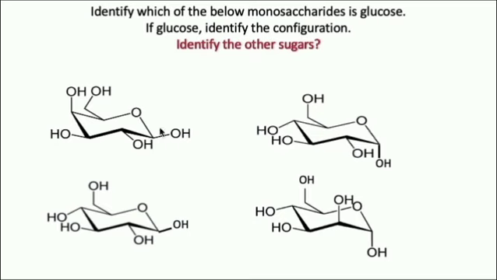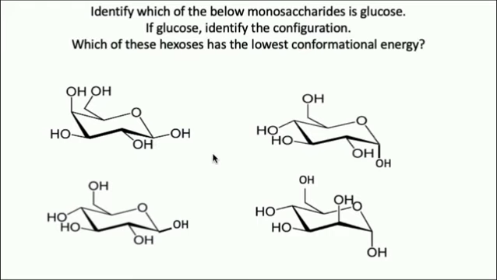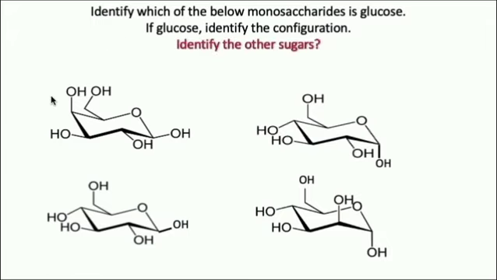So carbon 4, you'll notice, is on the complete opposite side of the ring as the anomeric carbon. And it turns out that the monosaccharide galactose is identical to glucose except at carbon 4, where its hydroxyl has the opposite configuration, which would put it in this axial position.